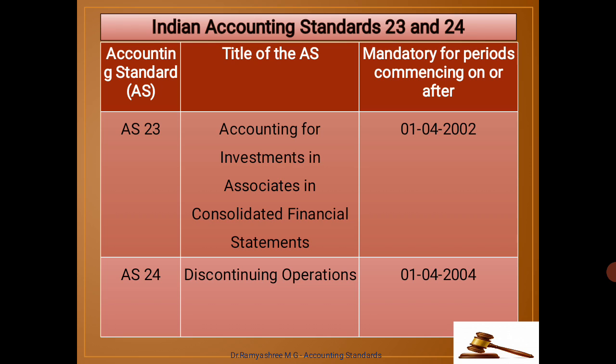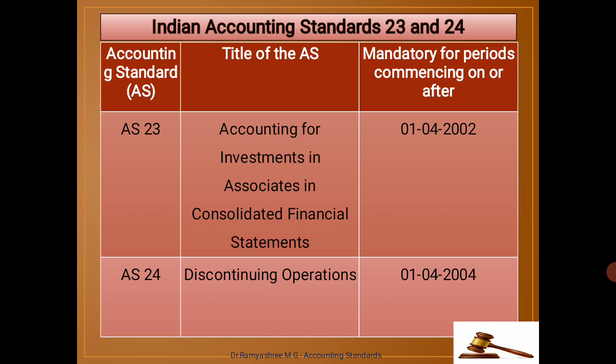Accounting Standard 24 deals with discontinuing operations. This accounting standard comes into effect in respect of accounting periods commencing on or after April 1st, 2004 and is mandatory in nature for certain enterprises mentioned in note given at the end of Accounting Standard 29.